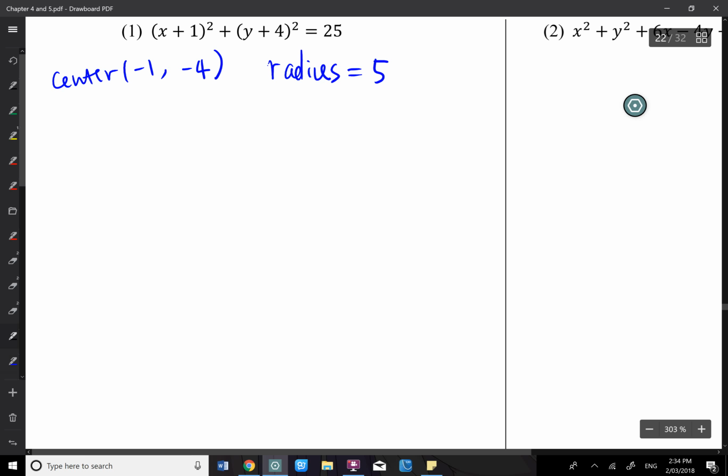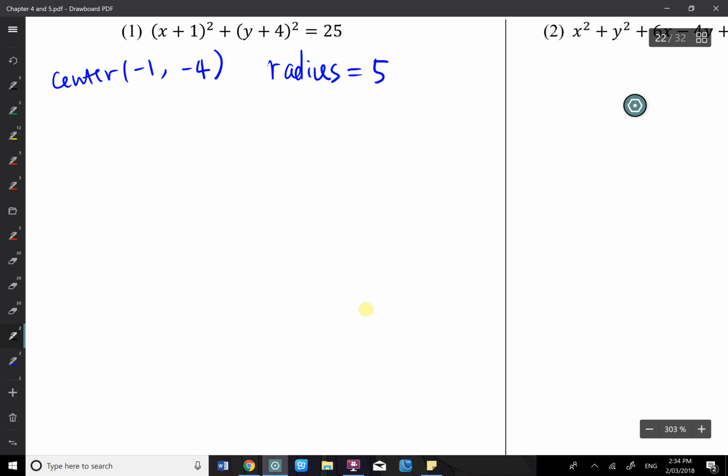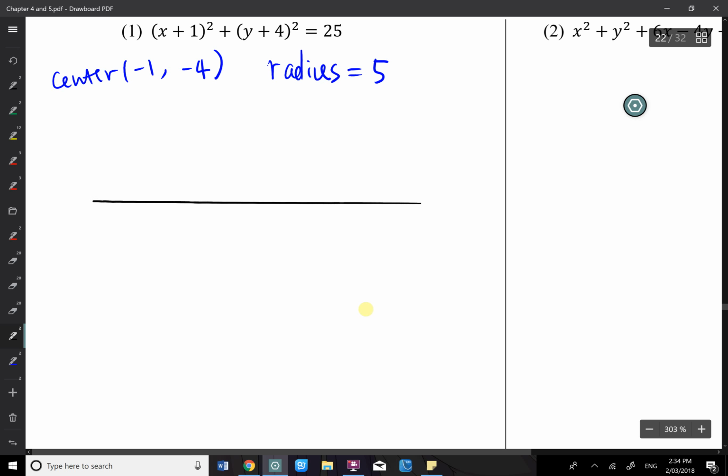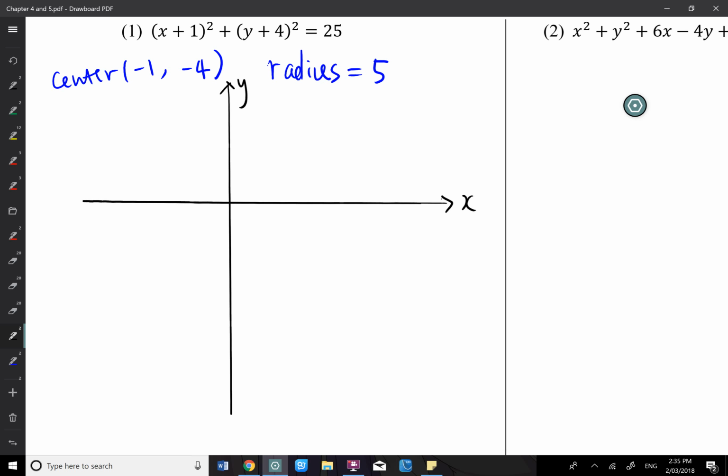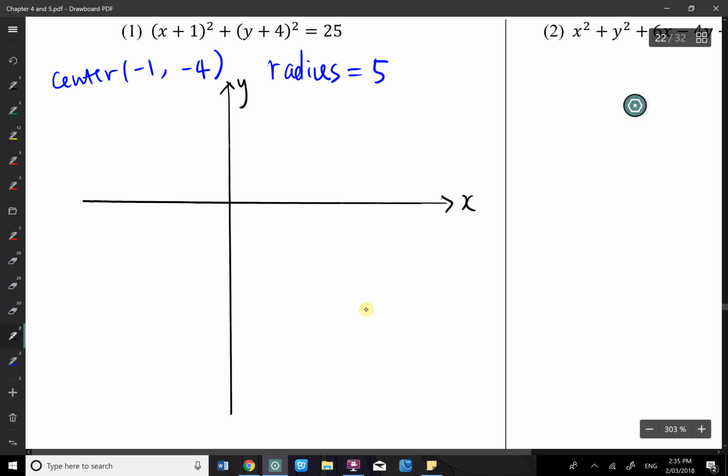To sketch that, there are a lot of key points we need to label in this question. So we have minus 1, minus 4. That's the center.